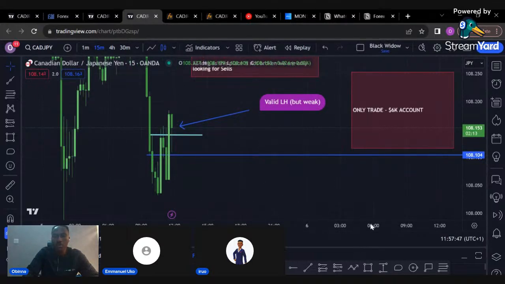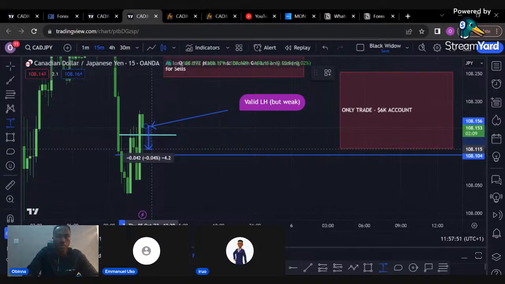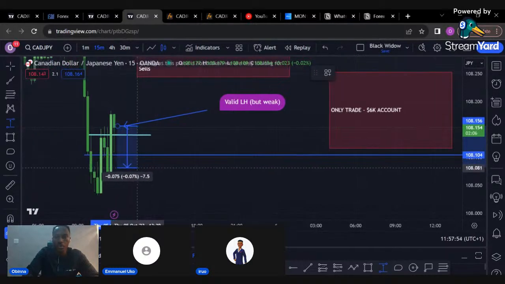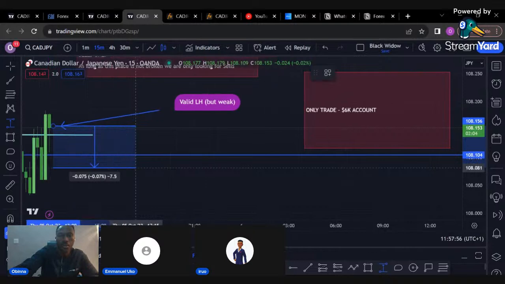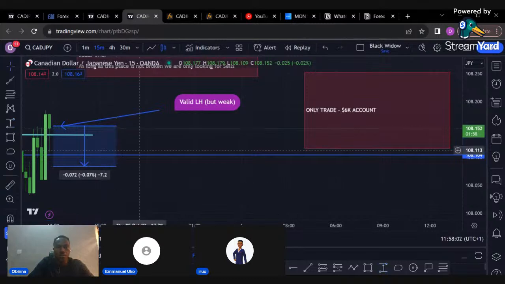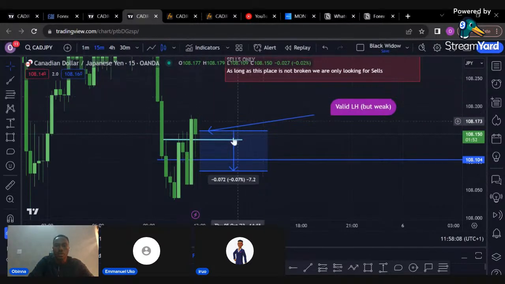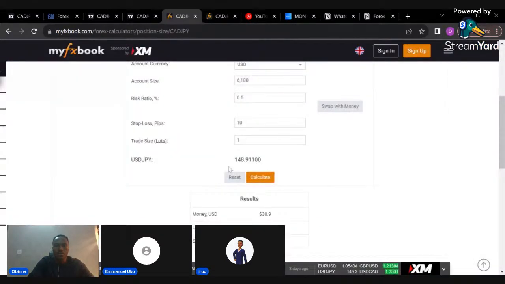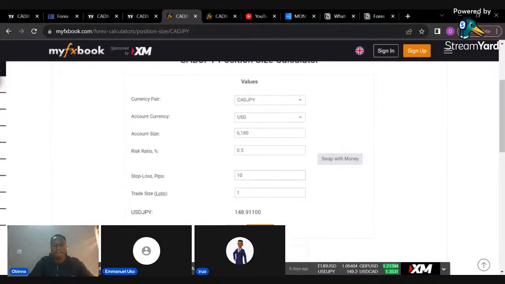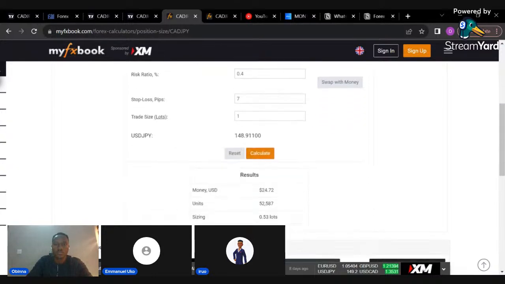Let me see how many pips I am working with. There's something wrong with my mouse. I don't know what is wrong, but it's misbehaving. So this is 7 pips. Let me calculate 7 pips quickly.